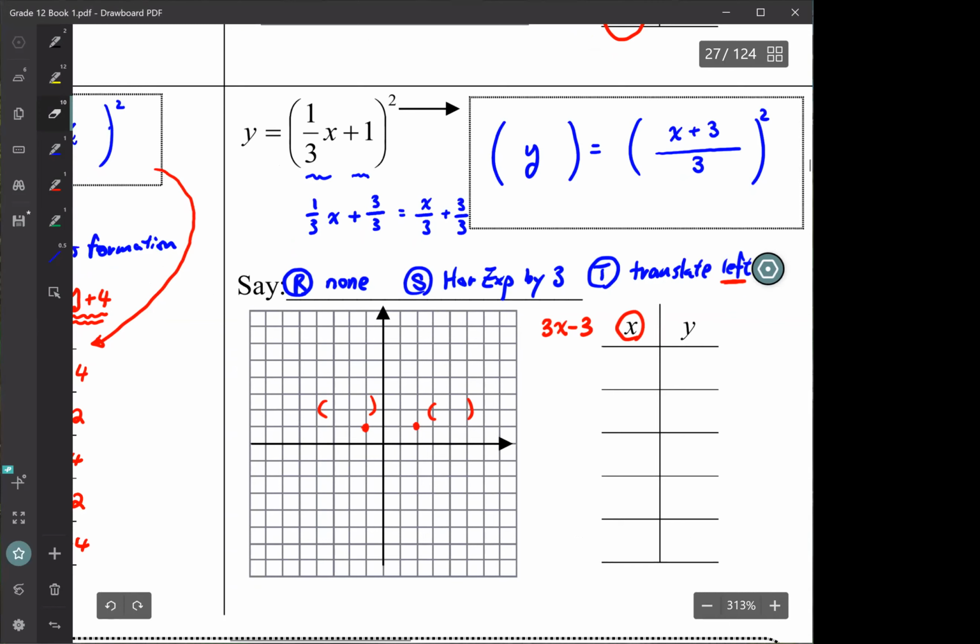Okay, so this is a 2, 1. And I move it to the left, it will become -1, 1. Right? So if you compare the x values, 2 is the original, it becomes -1. How do I make 2 become -1? Do you add or subtract?